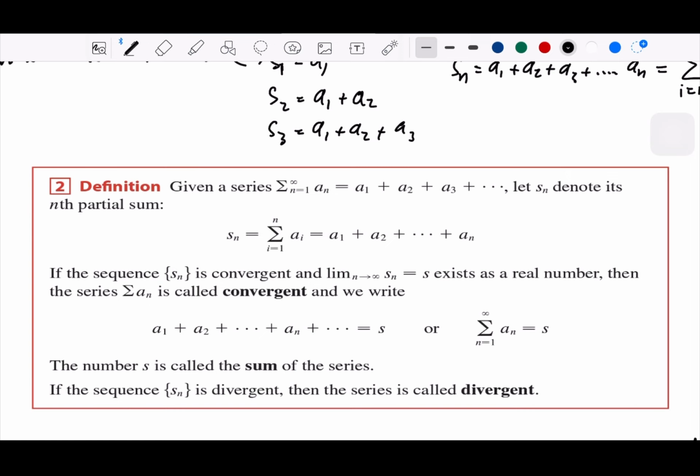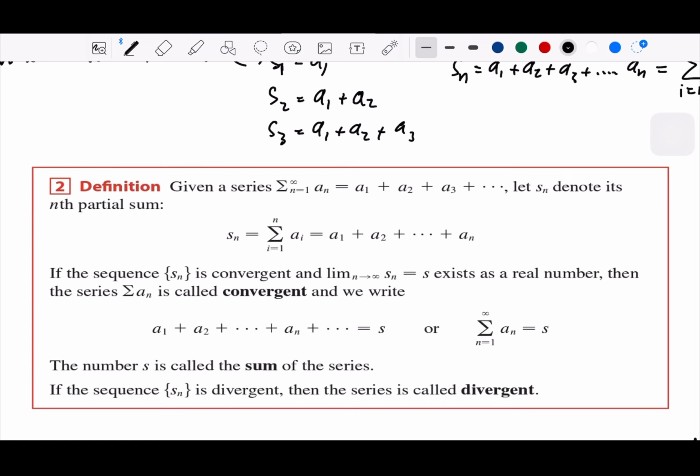So if the sequence Sn is convergent, and the limit as n approaches infinity of Sn equals S, which means its limit exists as a real number, then the series, the sum of an, is called convergent.